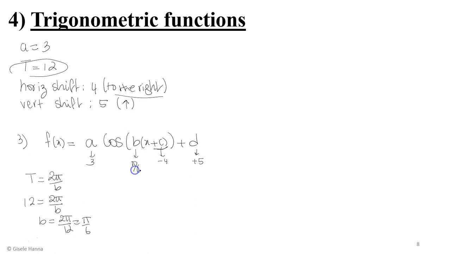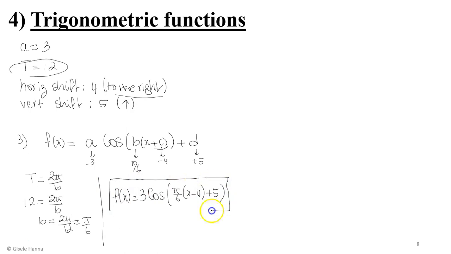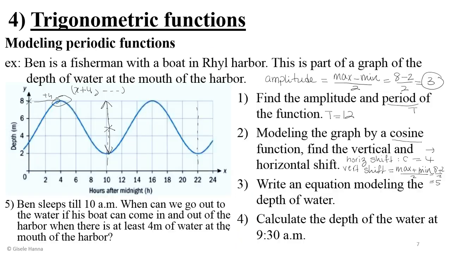So B is pi over 6. Consequently, f of x is 3 cosine of pi over 6 into x minus 4, plus 5. So that is the function that is modeling the depth of the water at the mouth of the harbor.